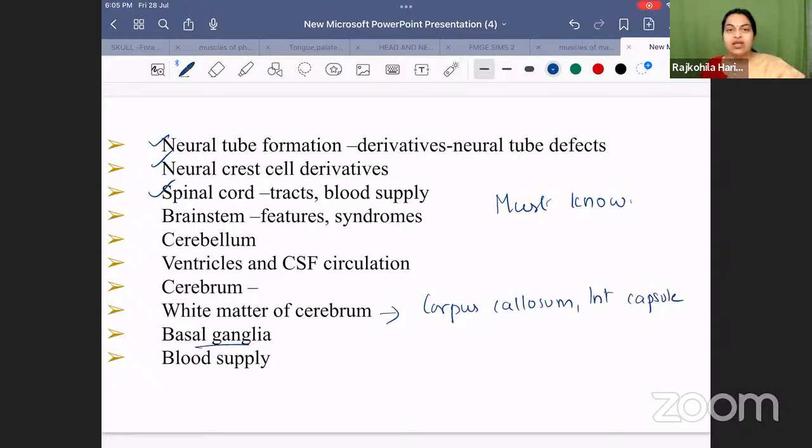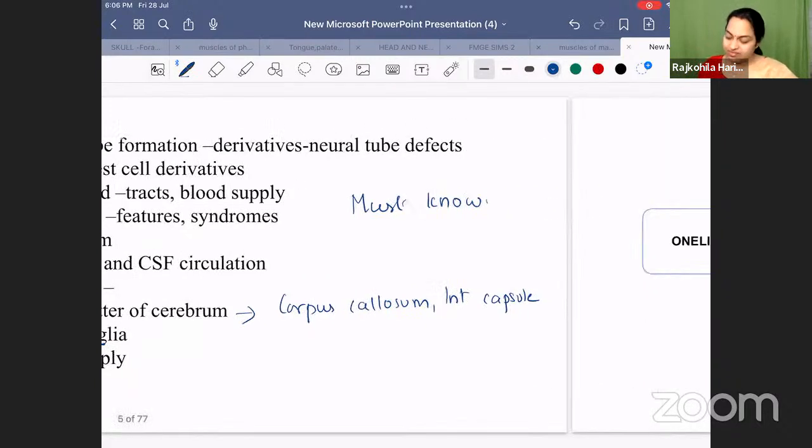Basal ganglia: you should be able to tell the components and identify them in an image, a horizontal section or a coronal section, whatever image is given, and the lesions of the basal ganglia. Finally, blood supply of the brain, brain and spinal cord. These are the high yield points expected before you sit for a neuroanatomy exam.